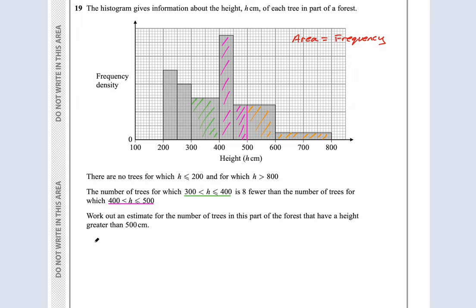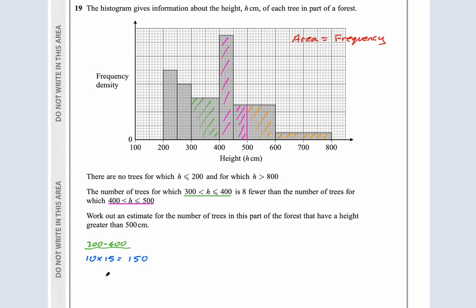So this is between 300 to 400 like that. So that's the green bit. So this area, let's just look at the small squares. So this area is 10 times 5, 10, 15. It's 10 times 15, which is 150.